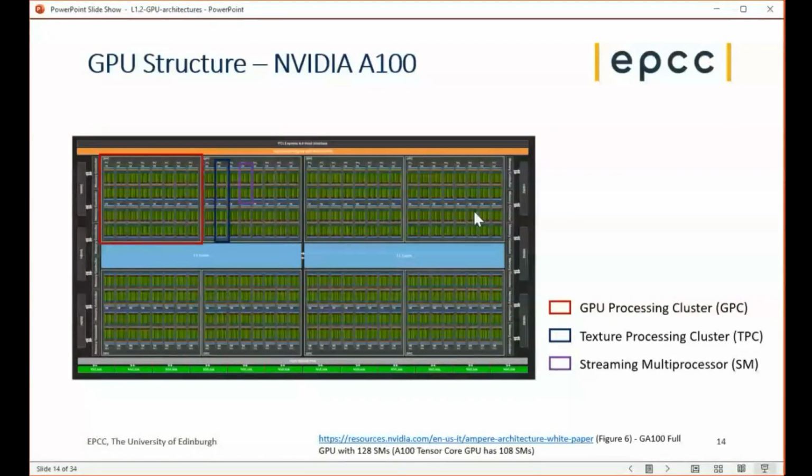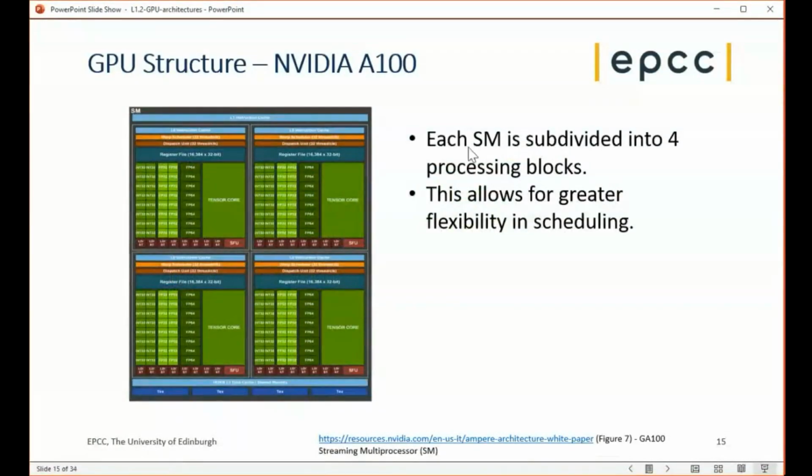And so you can see the cache. This is like a physical picture, a relatively good diagram. The cache takes up a relatively small amount of space. Almost all the space is devoted to things which actually do floating point calculations. Each SM is actually divided into sub-blocks, but each of those blocks has lots of very simple floating point or integer units for doing 64-bit or 32-bit or 32-bit integer operations.